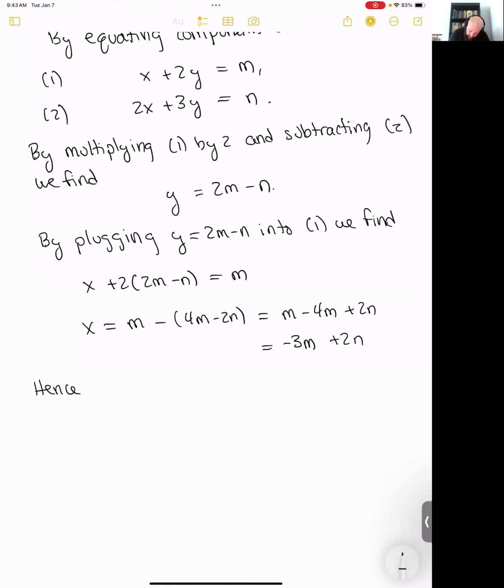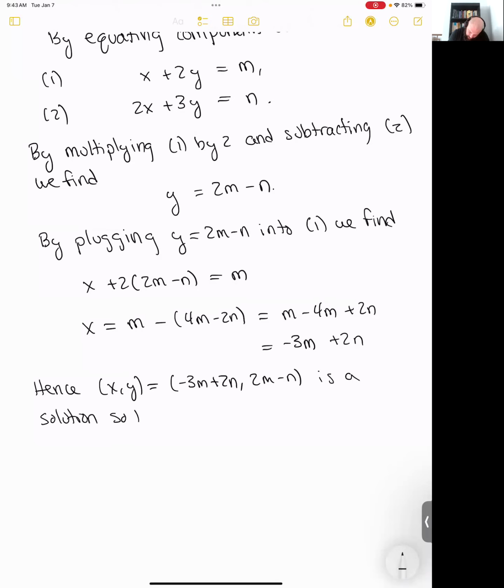So hence, (x, y) equals, I'll write this, (minus 3m plus 2n, 2m minus n) is a solution.